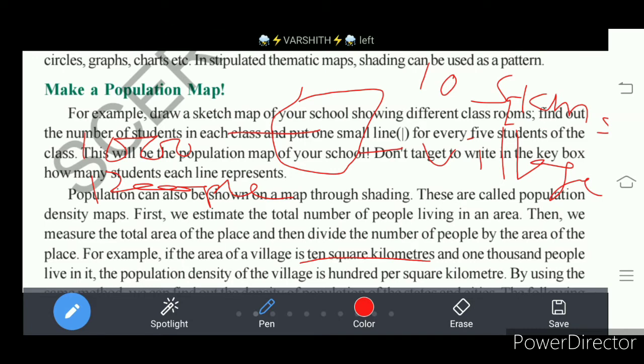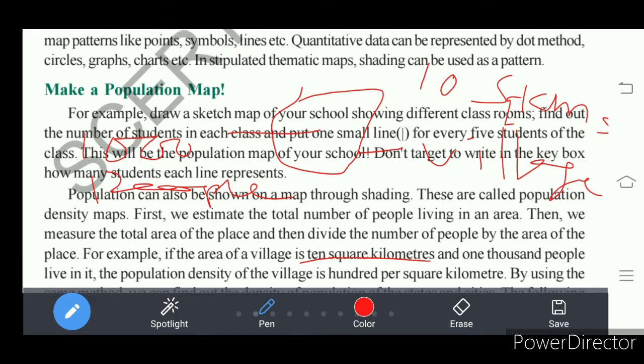Understand? Then how do we get population density? By dividing the total population of that village by the total area. That means 1000 divided by 10. Okay, the zero cancels, so what do we get? 100.